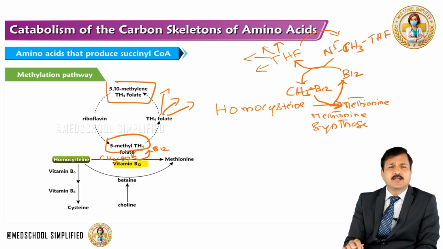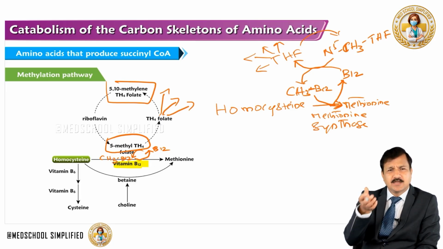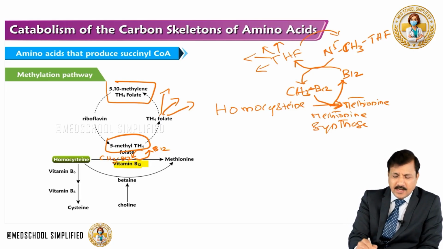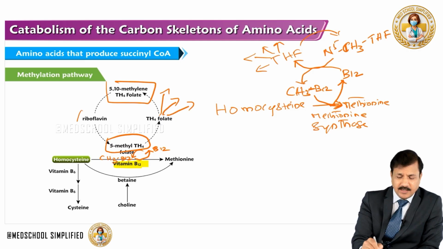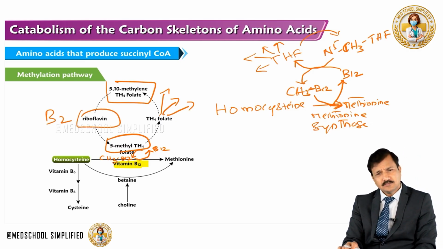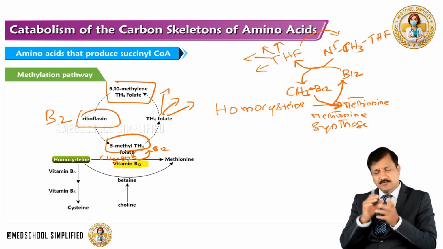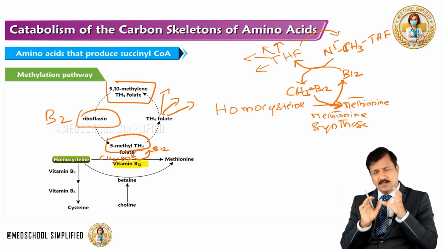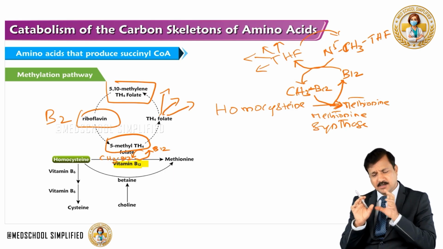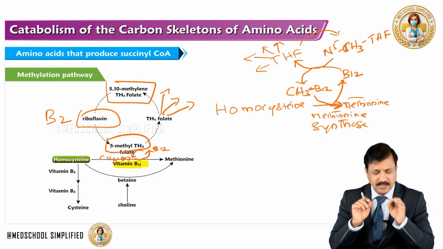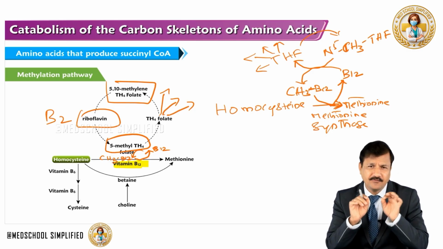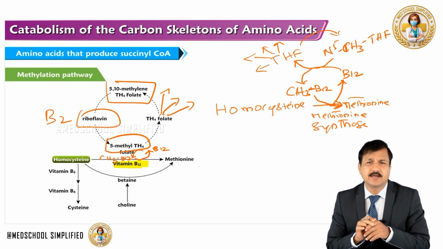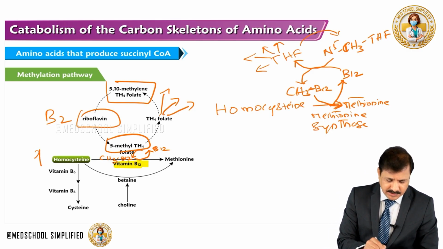And that N5-N10 methylene tetrahydrofolate can be converted back into N5-methyl tetrahydrofolate involving vitamin B12 and riboflavin. Okay, so like this, all these conversions will go on, and you have to remember that particular aspect, because any issues here, any defects here can lead to elevation of homocysteine.